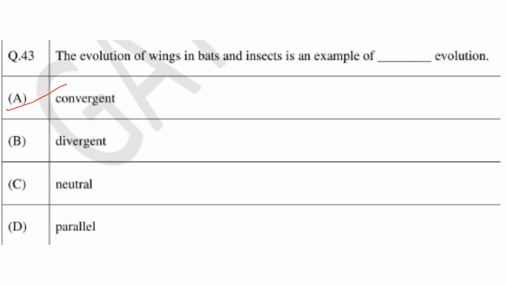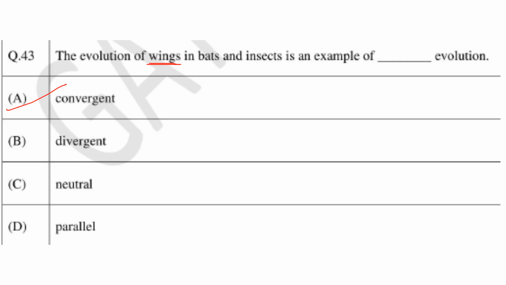So here wings of bats and insects, they have evolved from different ancestors. Bat is a mammal, insect is an arthropod. So different ancestors, but they have evolved similar characteristic, that is wings, which help them in flying. So it is an example of convergent evolution.